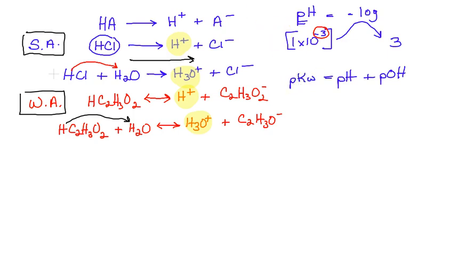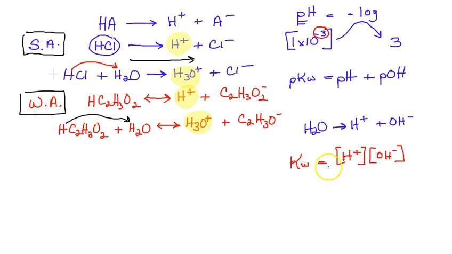Now, what's pKw? Well, we know that when water, H2O, self-ionizes into H plus and OH minus, the equilibrium expression, Kw in this case, as we've always done, is products over reactants, coefficients become exponents, and solids and liquids do not apply.